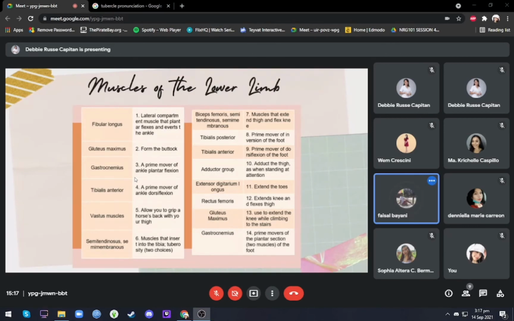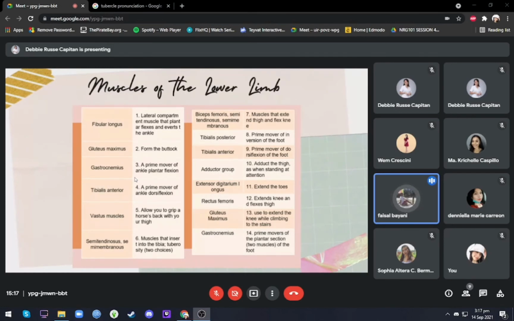Number 3, a prime mover of ankle plantar flexion, gastrocnemius. Number 4, a prime mover of ankle dorsiflexion, tibialis anterior. Number 5, allow you to grip a horse's back with your thigh, adductor muscles. Number 6, muscles that insert into the tibial tuberosity.